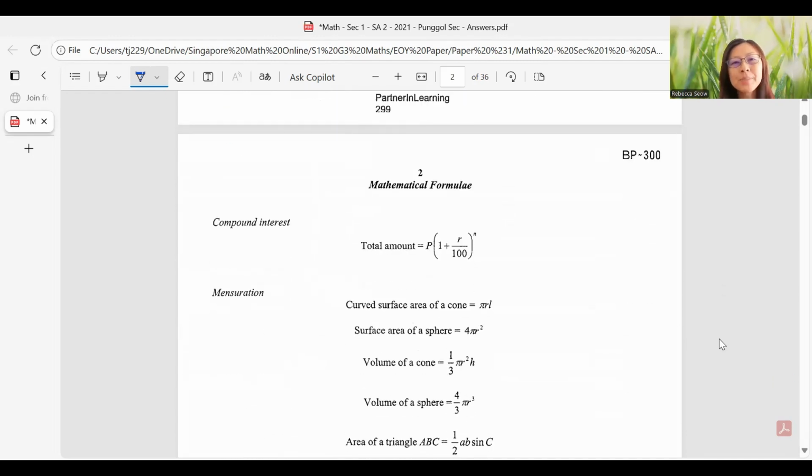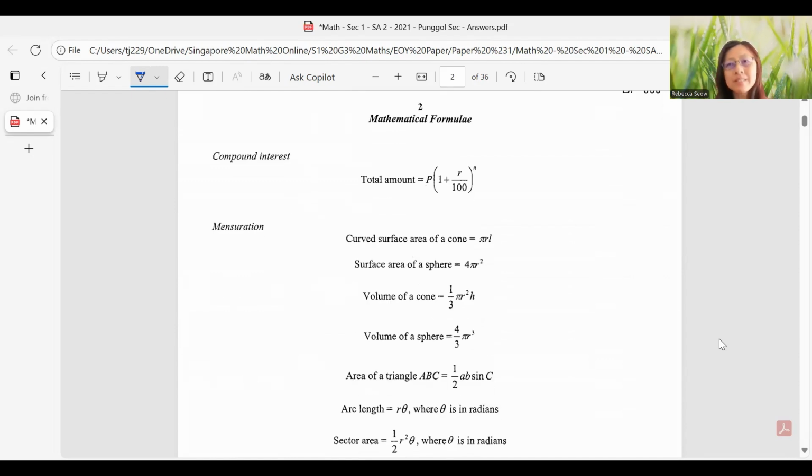All right. Now, let's move on. Following that, behind the cover page is always the mathematical formulae. So this is a formula sheet where a set of formulae is given to you. Whether or not you recognize it, this will be the set that will be given to you in the final O-level paper. All right.